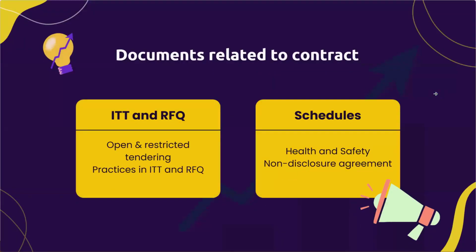As you know, the study guide starts with some documents related to the contract. We have some key concepts like invitation to tender and request for quotation, and we look at some of the processes for selecting the supplier: open tendering, restricted tendering, and request for quotation. Request for quotation is a very short and informal process of selecting the supplier.